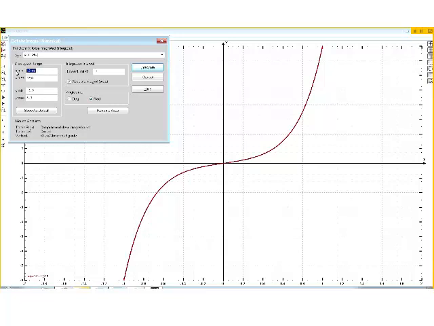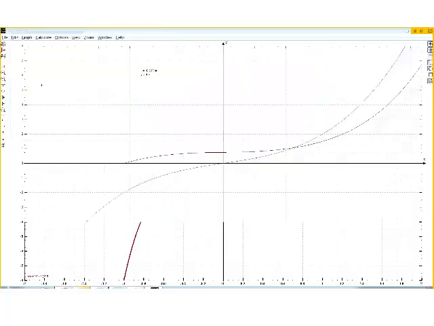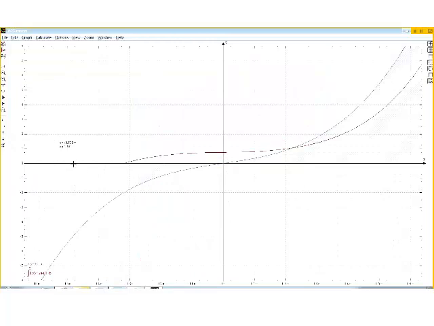Let's make the x min be negative 2 and the x max be 2. Actually, let's get negative 8 and positive 8.